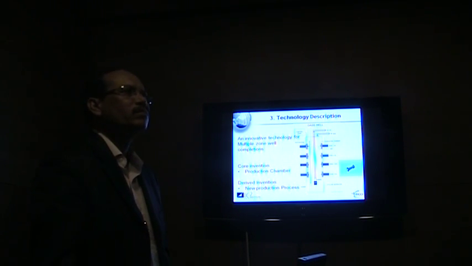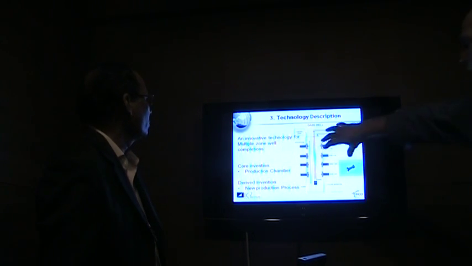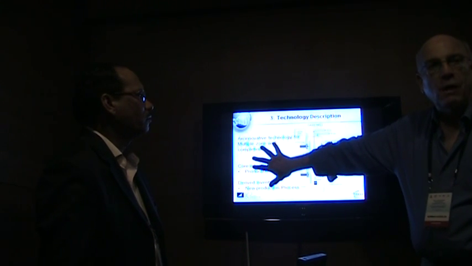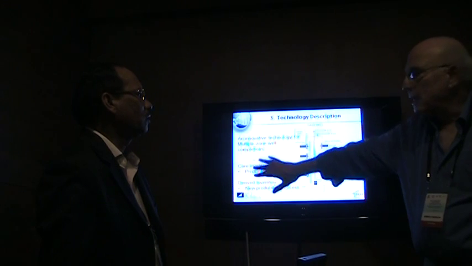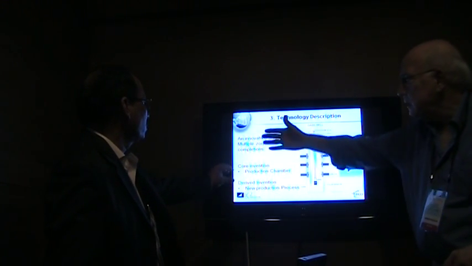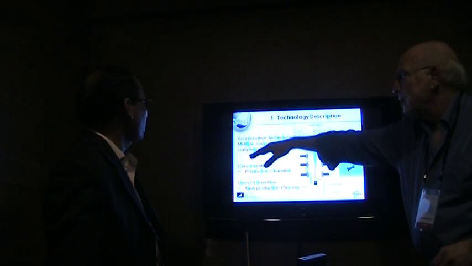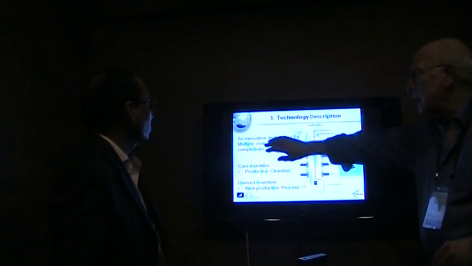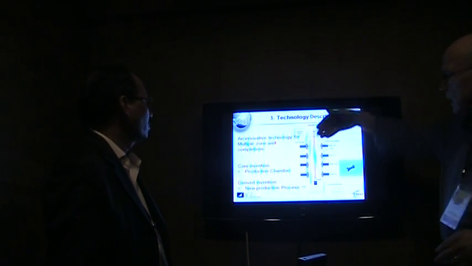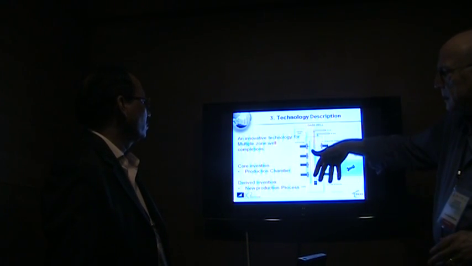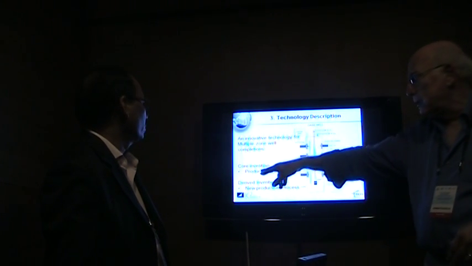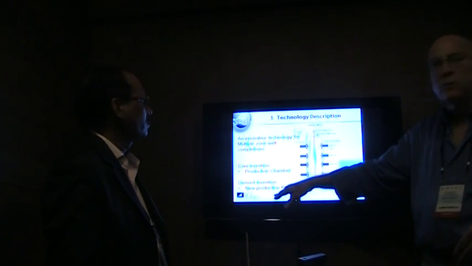From just a graphic standpoint, I would use just this and take this information off. Because then people can focus on this. No, I wouldn't take it off, because people are going to try and read that and it interferes. You want them to focus on this, and then the next slide could say the core invention is the production chamber, and the derived is that.